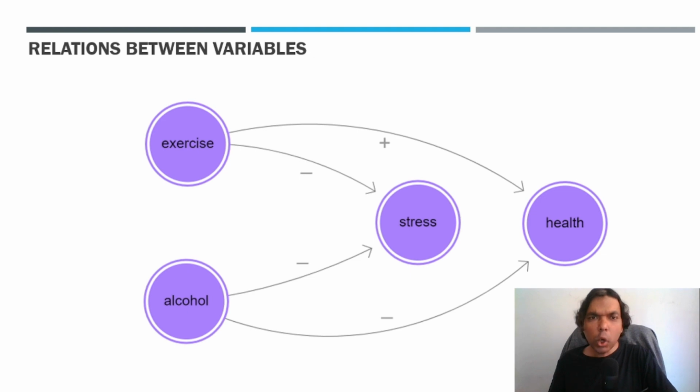A negative sign also means that a decrease in one variable causes an increase in the other variable, depending on how they are related. Since alcohol reduces the stress in this story, they both are linked with negative signs. As doing more exercise will reduce stress, these two variables are also linked with a negative sign.